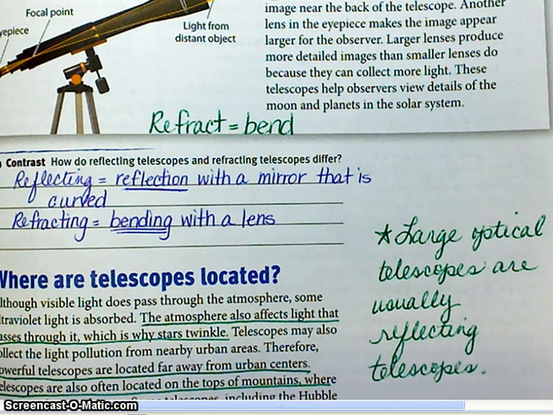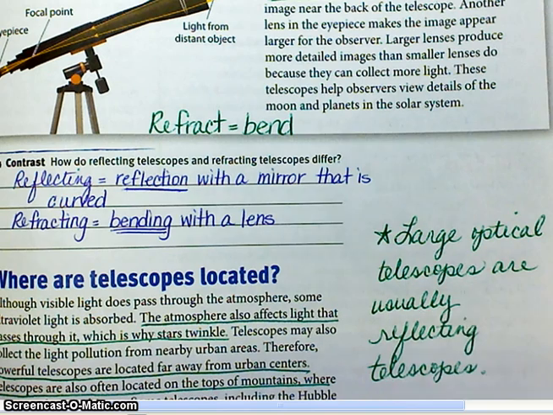But we also want to get as far up as possible because we want to get out of as much of the atmosphere as possible, because the atmosphere interferes with our ability to see very well also. The reason why stars twinkle at night is because of the effects that the atmosphere has on the light that's coming through it.